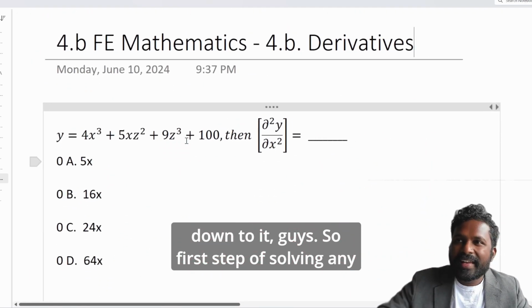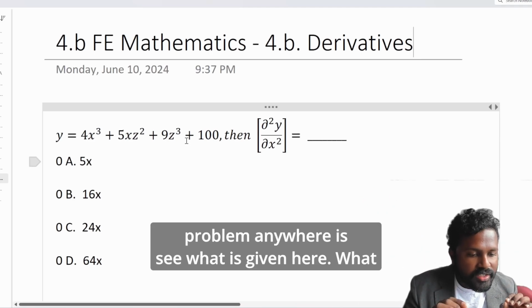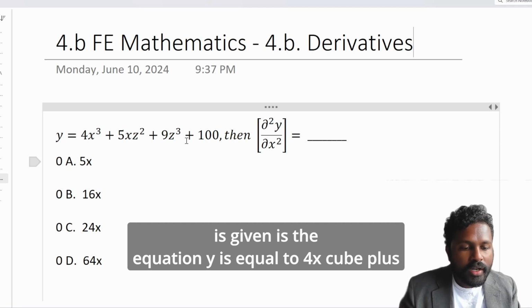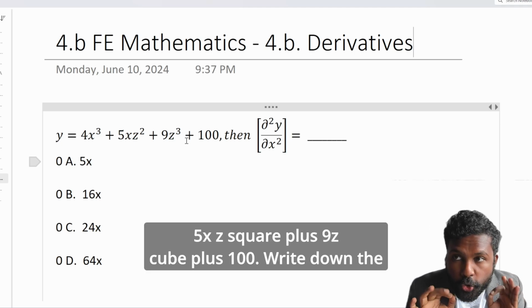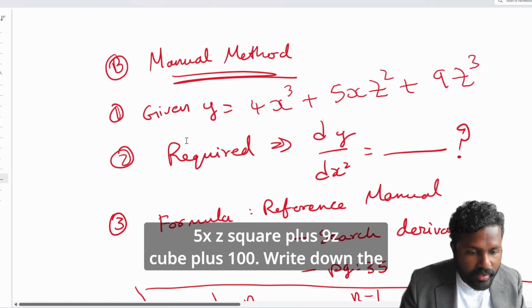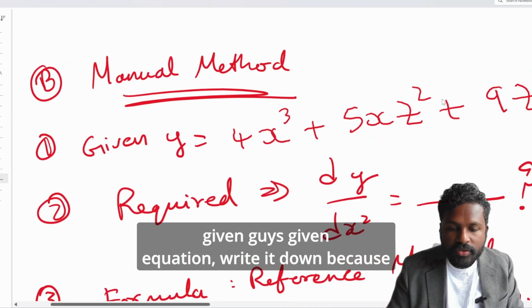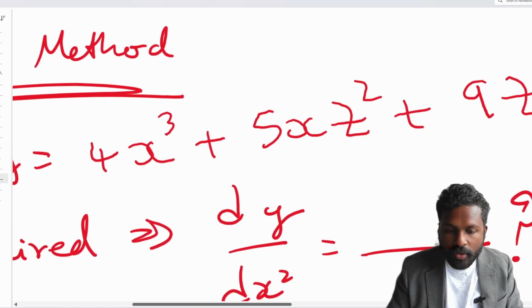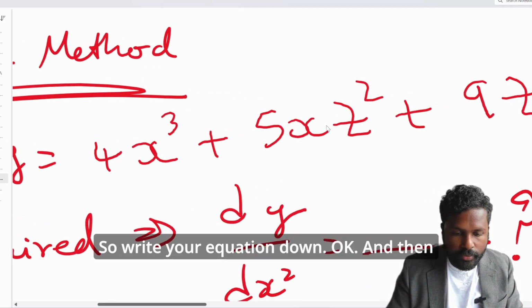So the first step of solving any problem anywhere is to see what is given. Here, what is given is the equation y is equal to 4x cube plus 5xz square plus 9z cube plus 100. Write down the given equation, because you don't want to mess up any of these terms, constants or variables.